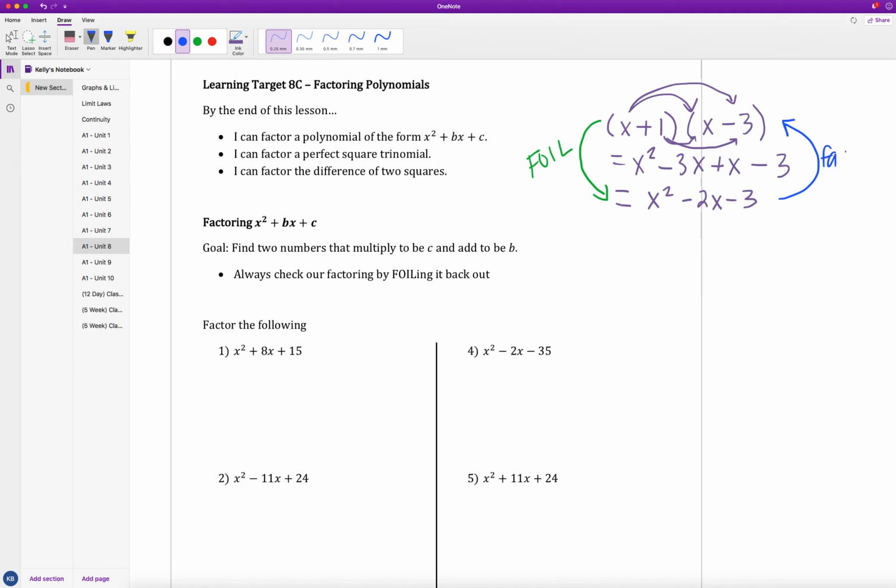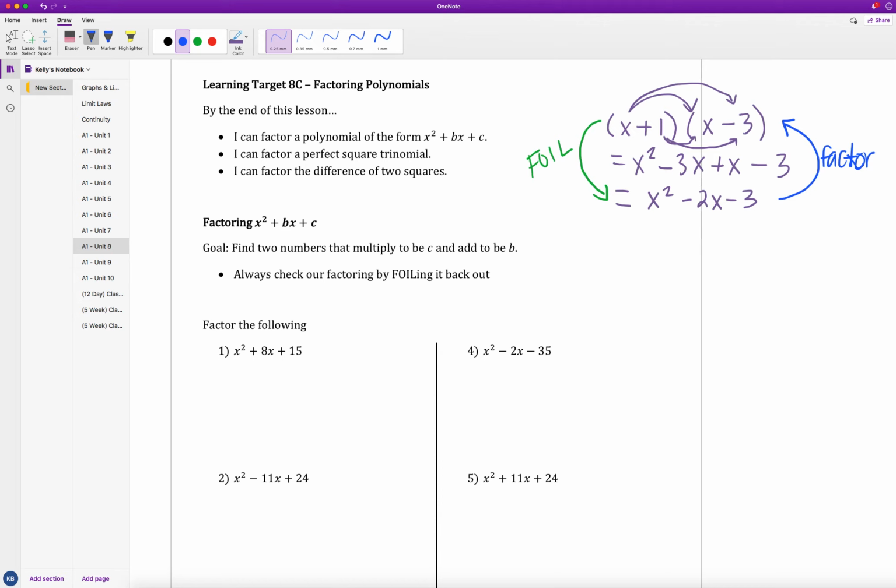Factoring undoes the process that we learned with foiling. Foiling multiplies everything out to standard form. Factoring takes a polynomial in standard form and rewrites it as a product of two factors. They are very linked together, and we can always check our work for one of them by doing the opposite.